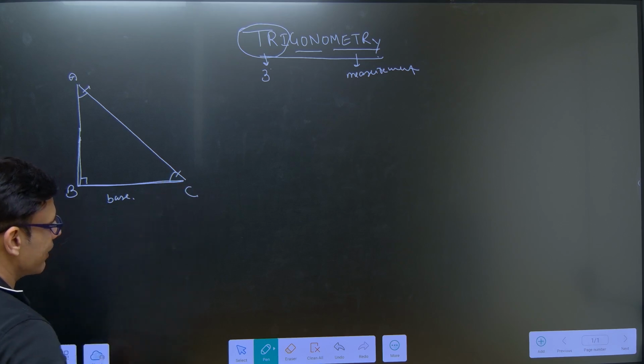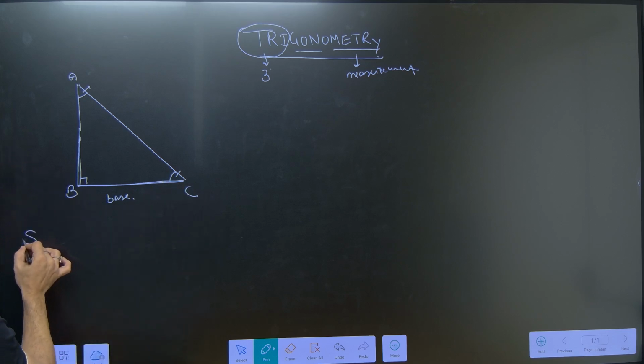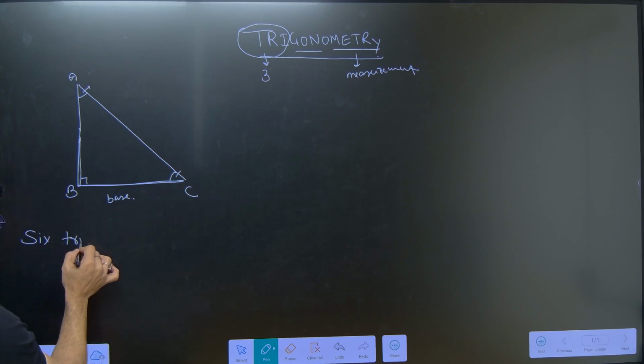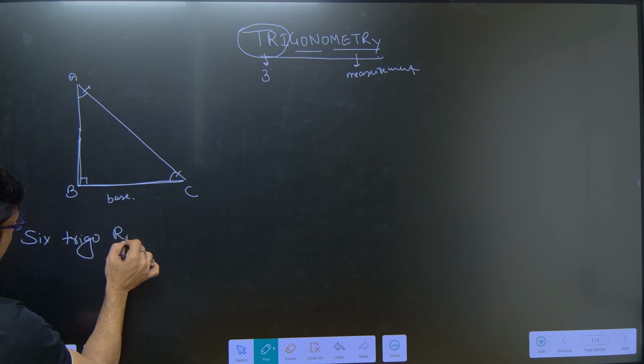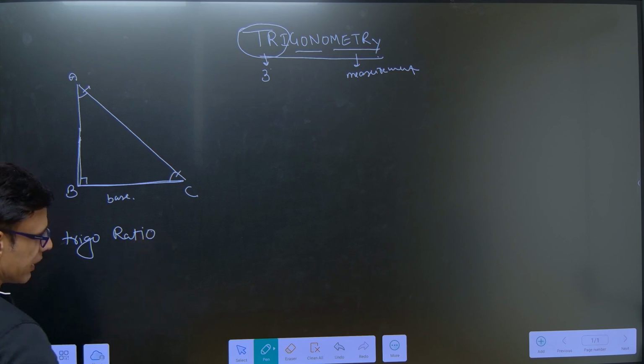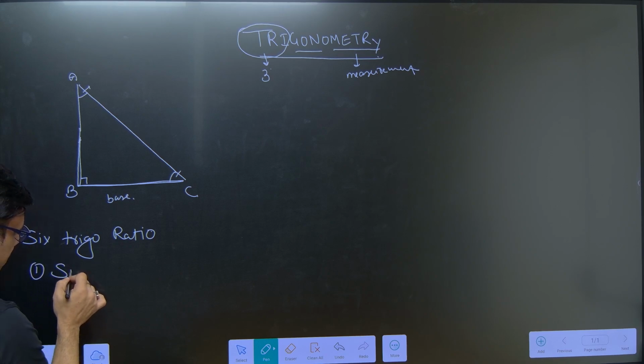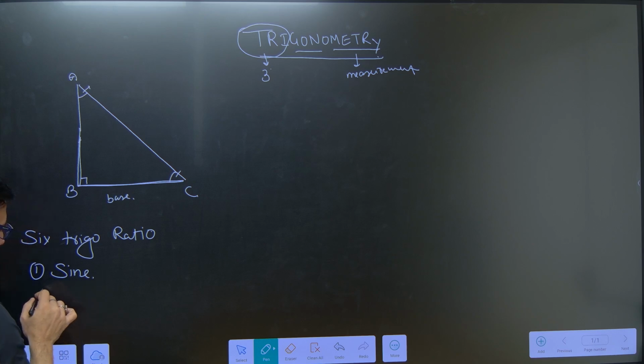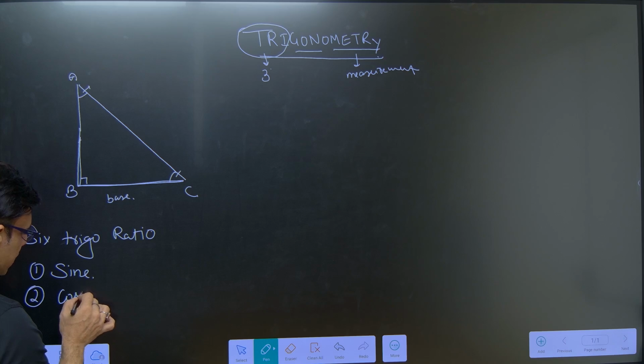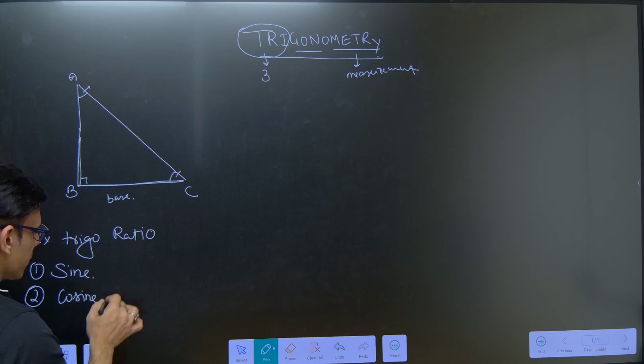So now there are 6 trigonometric ratios which we need to know. What are these 6 trigonometric ratios? First is sine, short form sin. Second is cosine, which we call cos.